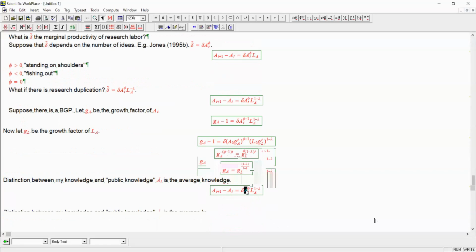Then let's say that this impact of knowledge on the productivity of future knowledge is actually split between my knowledge, which is A_T, and public knowledge, which is A bar. And let's say public knowledge is affected by a spillover parameter, which I'm going to call sigma.